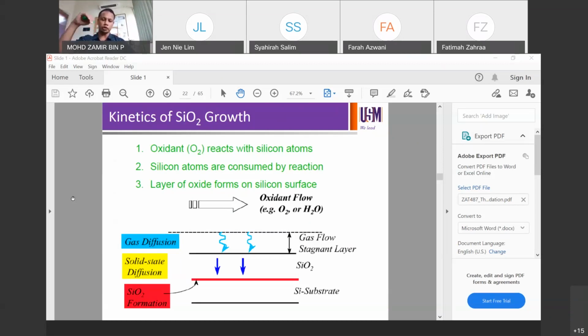So maksudnya perlu ada diffusion guys tu. So that's why we call it solid state diffusion, where the oxygen atom has to diffuse through the silicon to be able to consume. And then eventually we're going to end up with silicon dioxide formation. Barulah you akan ada formation. Okay. So there are three main steps in essence.